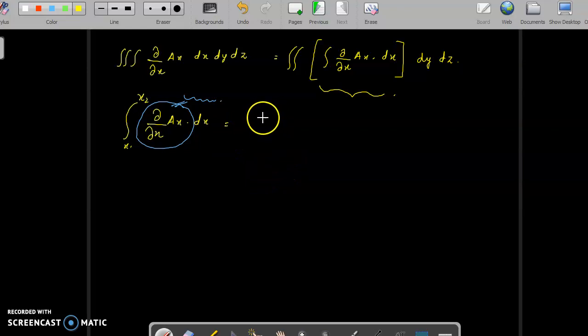So we can write it as the vector A at x2 minus Ax at x1.